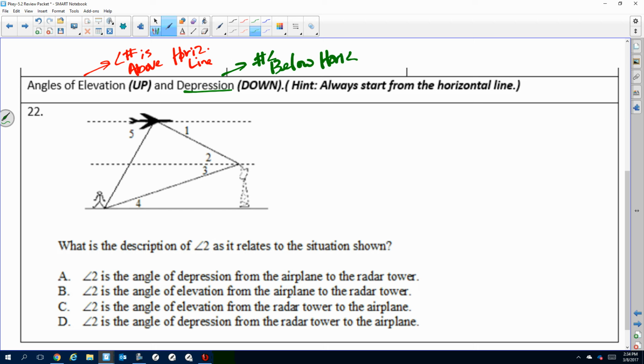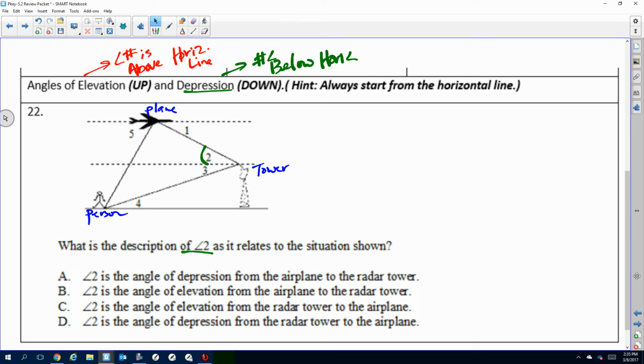On this first problem, it says, what is the description of angle 2 as stated in the situation below? Just so we know, this is a plane, this is a tower of some sort, and this is a person. Angle 2 is right here in relationship to the dotted line.